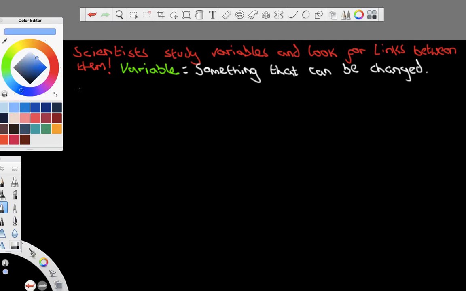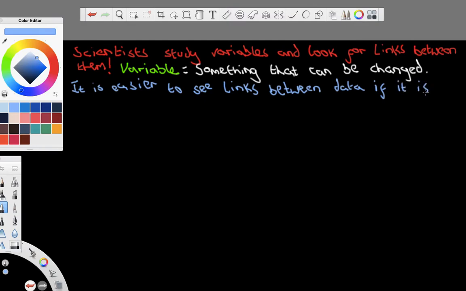So we can say it is easier to see links between data if it is drawn on a graph.